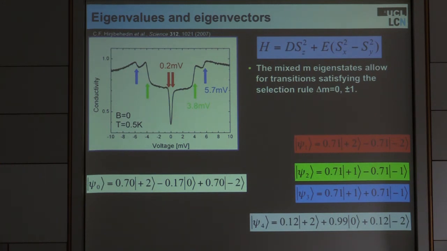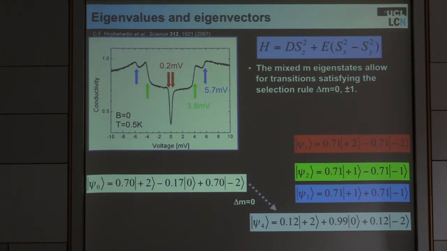Well, let's look at how you would make transitions from one state to the other. If you wanted to go from the ground state to the first excited state, there's a large component of overlap between the plus and minus 2 states. That's a delta M equals 0 transition. That seems pretty reasonable. If we want to go to the second and third excited states, those are mostly spin plus or minus 1. So then we would need a delta M equals plus or minus 1 transition. That sounds pretty reasonable as well.